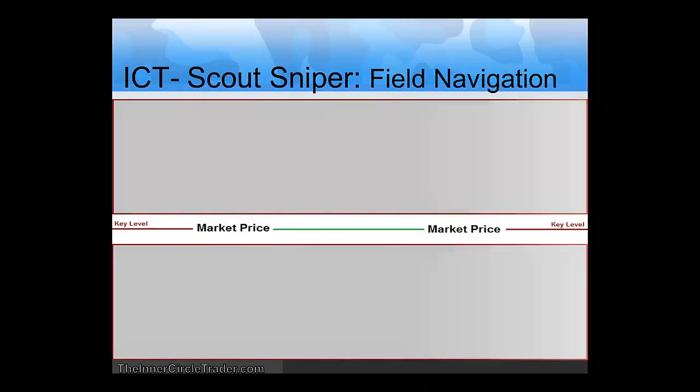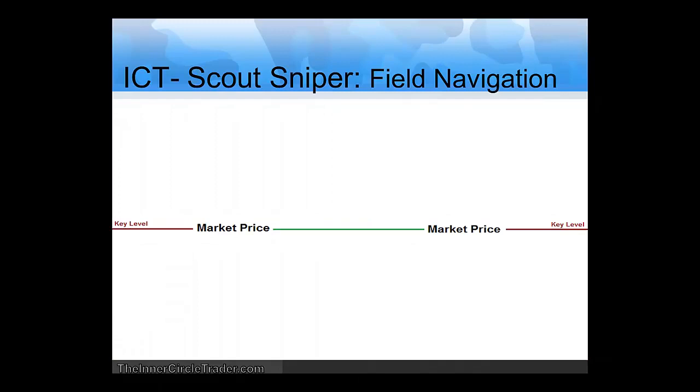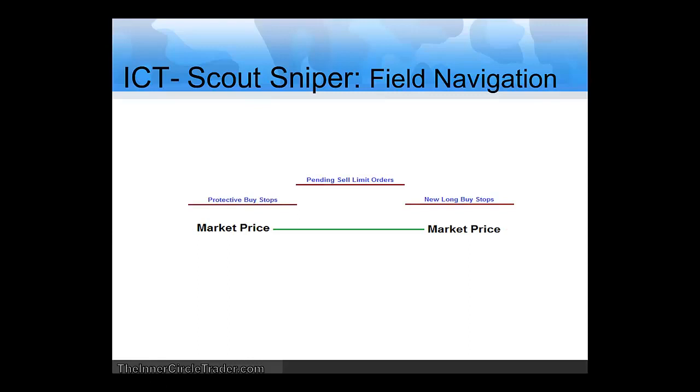When you're watching price, what you're going to be looking for are clues. Okay, there's going to be a fingerprint, if you will, of what may be unfolding. And generally what happens is above the market price, there are protective buy stops on those that have maybe put on net short positions.